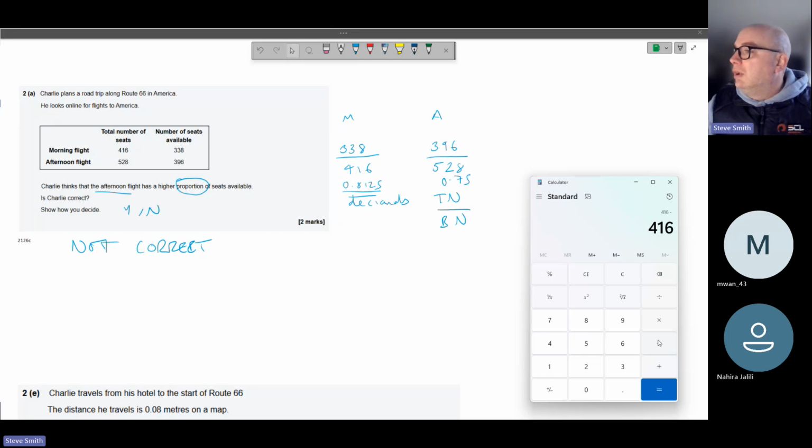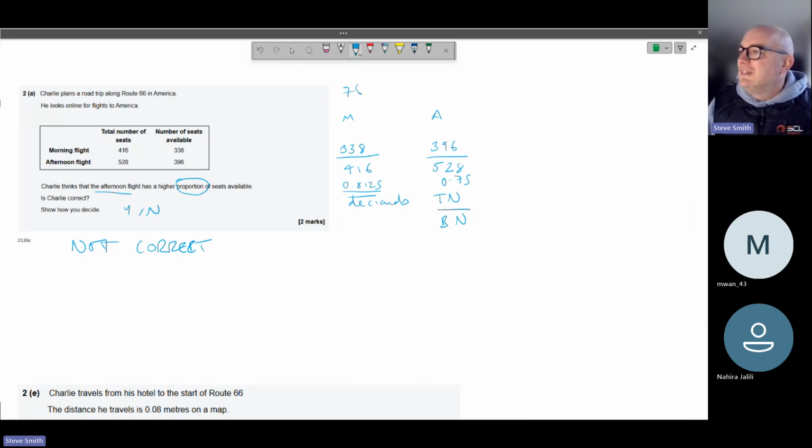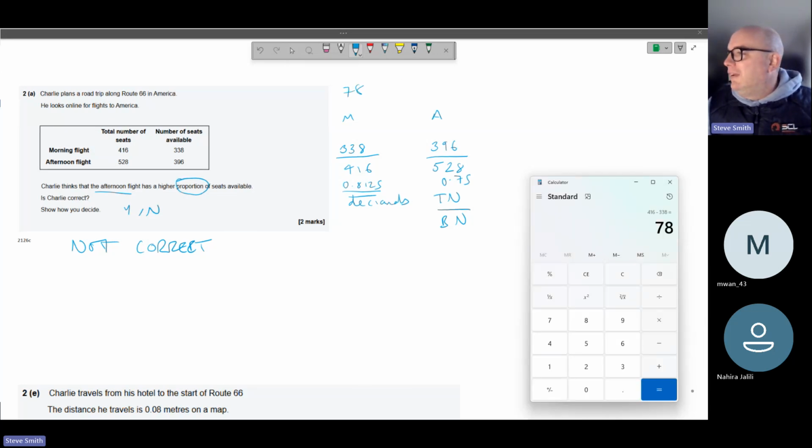416 minus, I mean, for this one question, you might get lucky and it might work, but let's have a look. That's 78. So 78 seats unavailable on that one. And then on this one, 528 minus 396 equals 132.